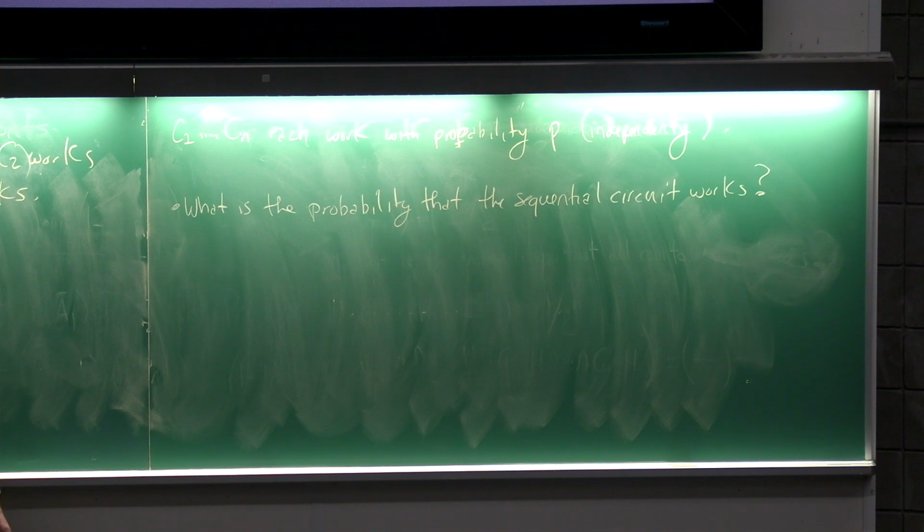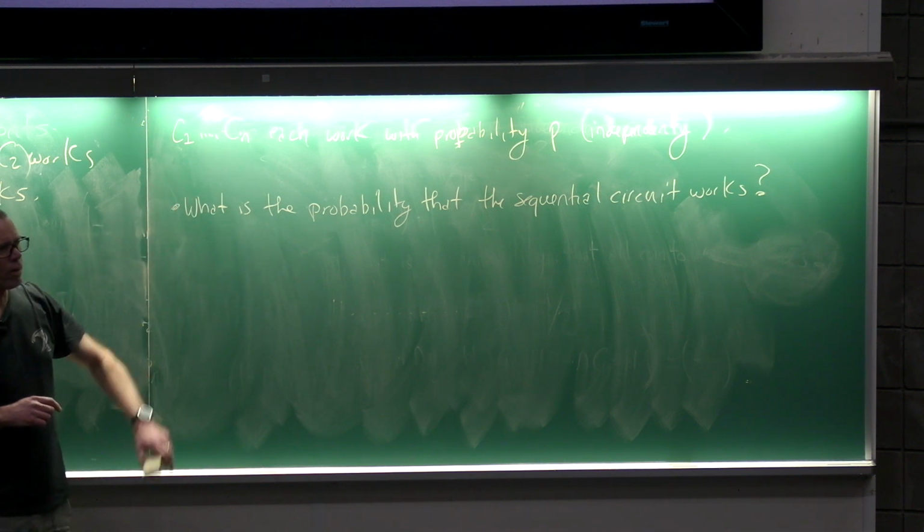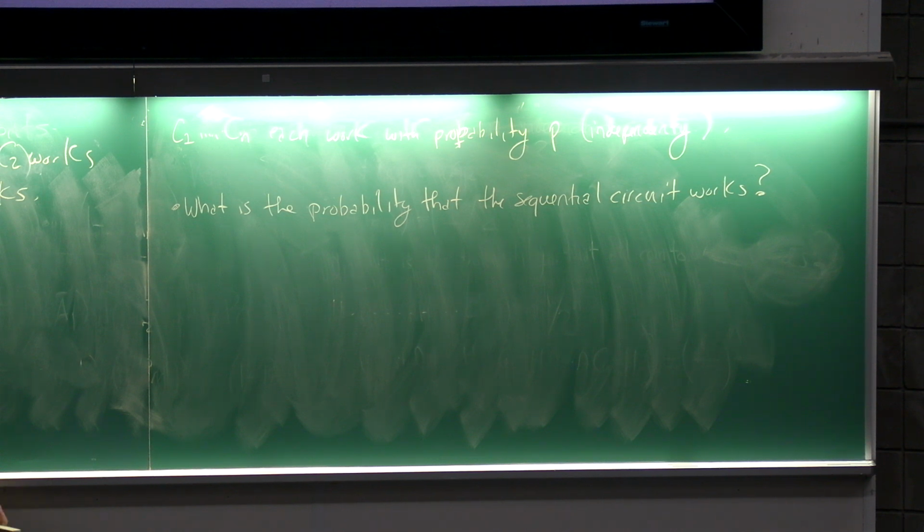That's the easy question. So we have a sequential circuit. It's the one far on the left. It's made up of these things. Each one of them works independently with probability P. What's the probability that the whole circuit works? P to the power n.